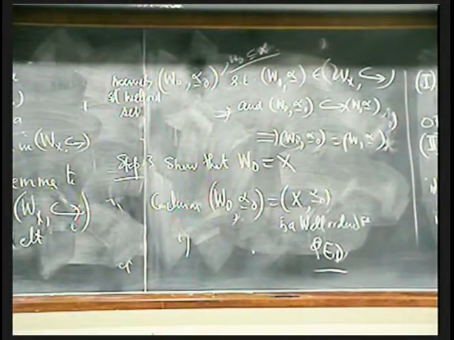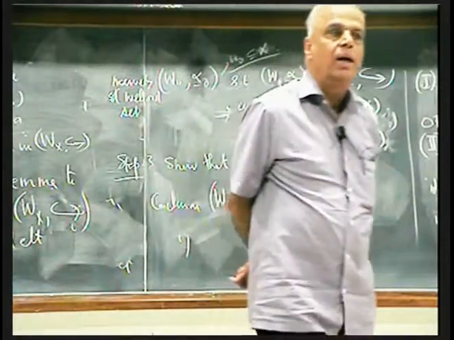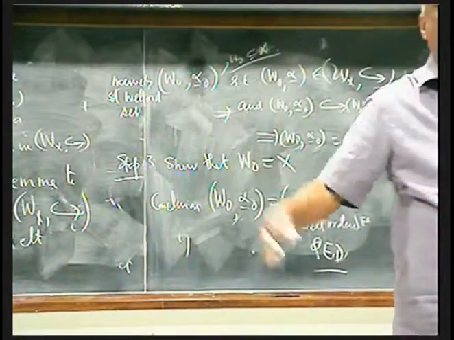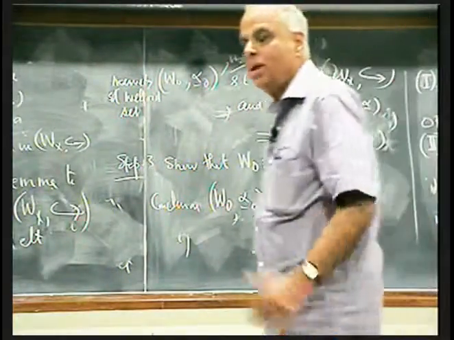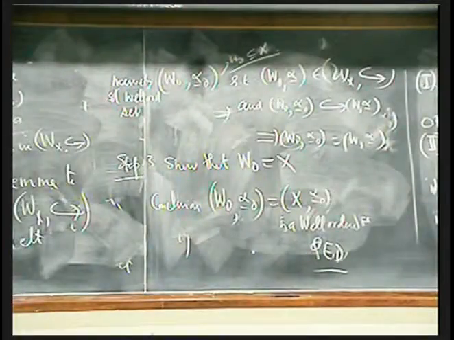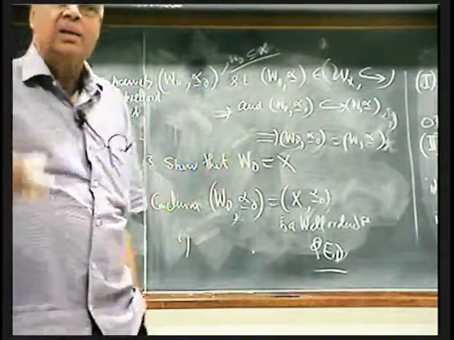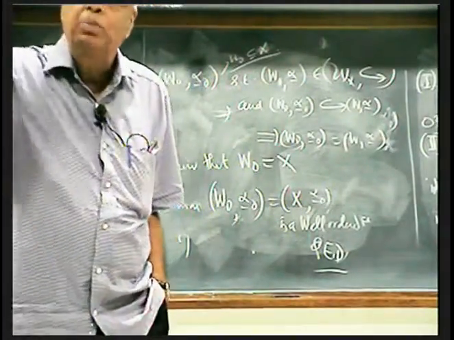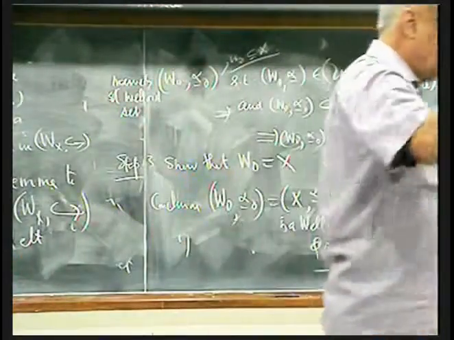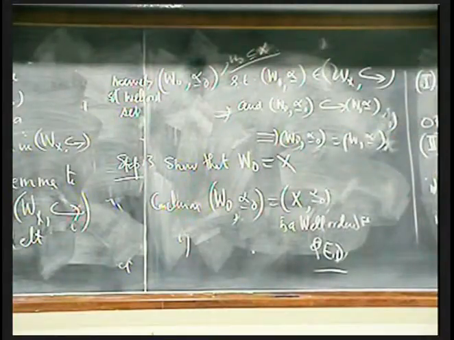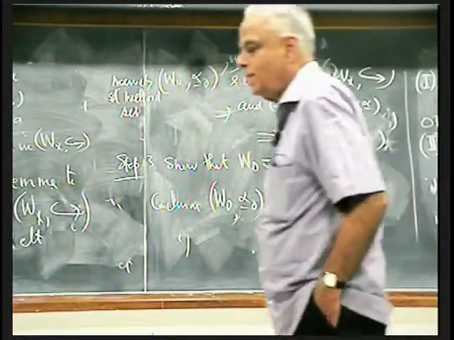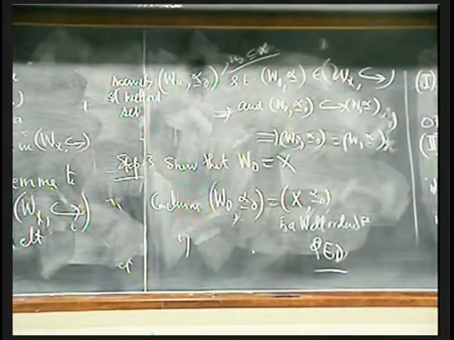Then we showed that with this partial order, any chain of these well-ordered sets must have an upper bound. Then we applied Zorn's lemma to show there must be a maximal well-ordered set. Then we showed that the carrier set of this maximal well-ordered set must be the original set X. And therefore that partial order is actually a well-ordering on the original set X itself. That is the line of arguments, and that's what the well-ordering theorem is.